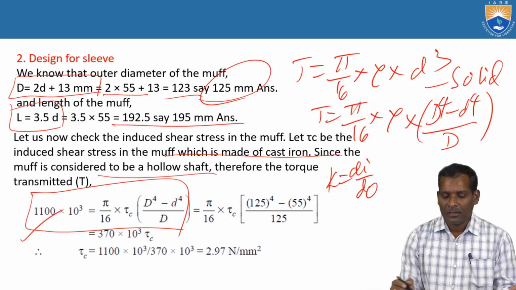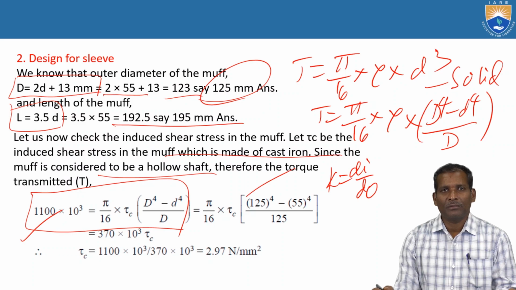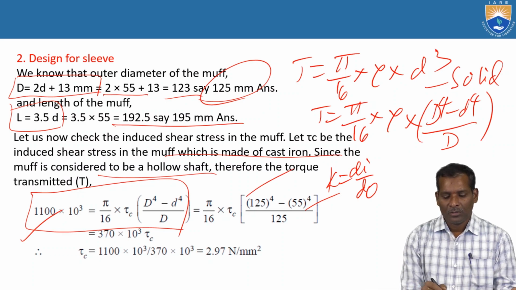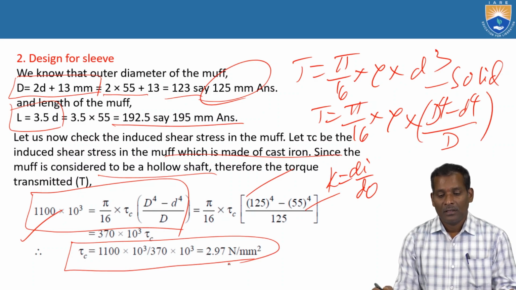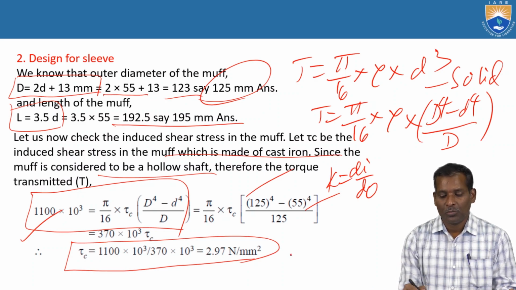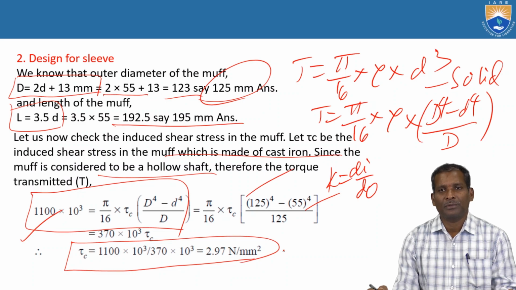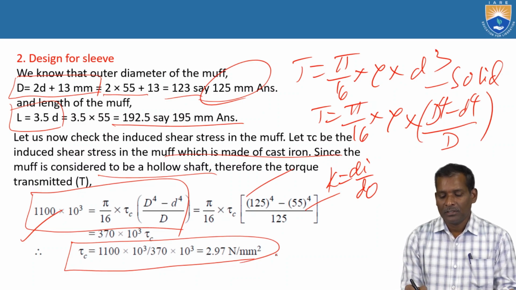Now substitute the capital D value 125, and the inner diameter, the shaft diameter, 55. The induced shear stress obtained is 2.97 Newton per mm square. The given value is 15.